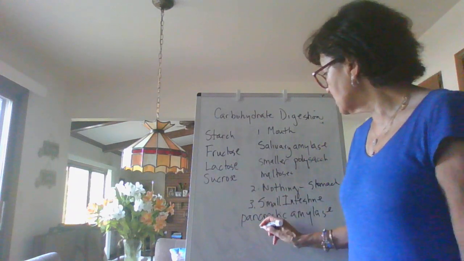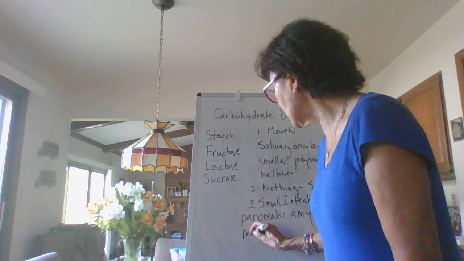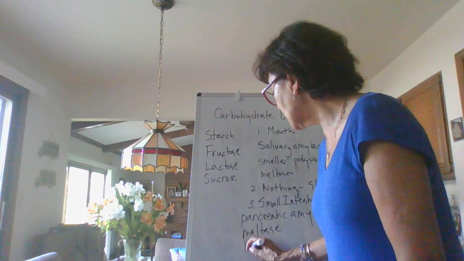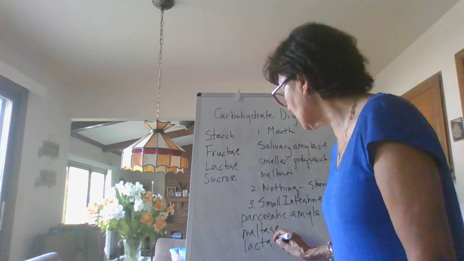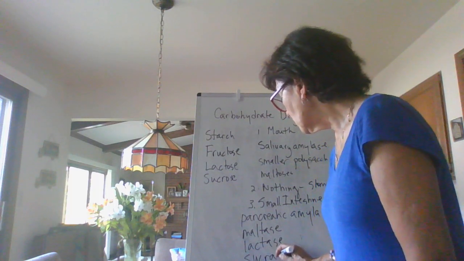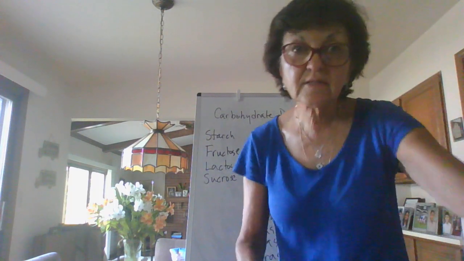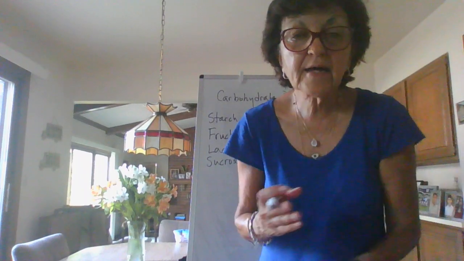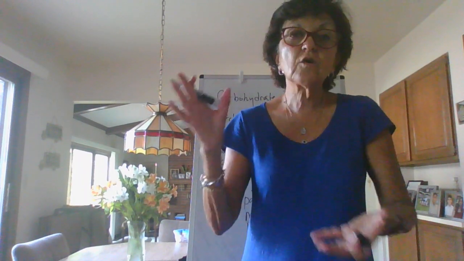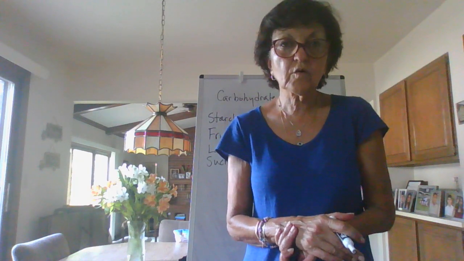Also in the small intestine, we've got maltase. Remember we mentioned these before. Lactase, assuming you're not lactose intolerant, and sucrase. So these three enzymes will hydrolyze the three disaccharides, the maltose, the lactose, and the sucrose.